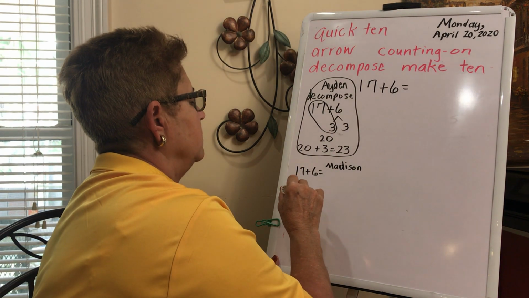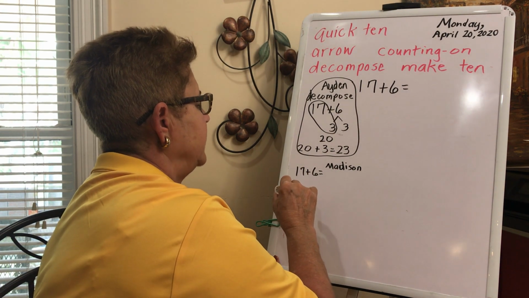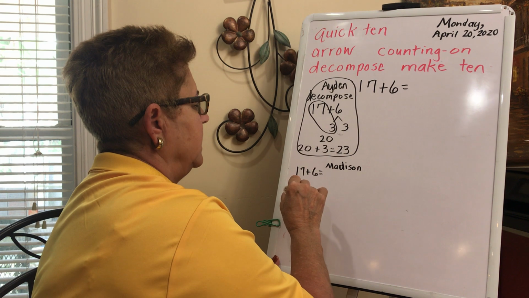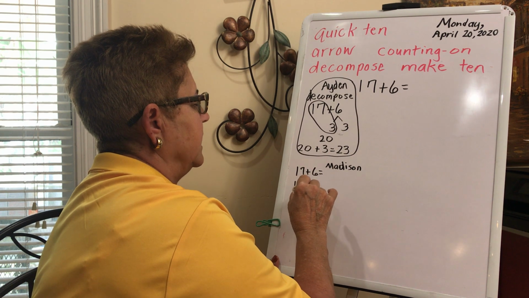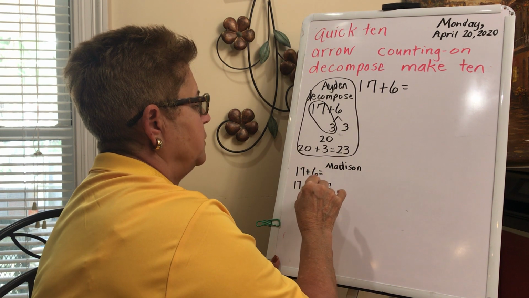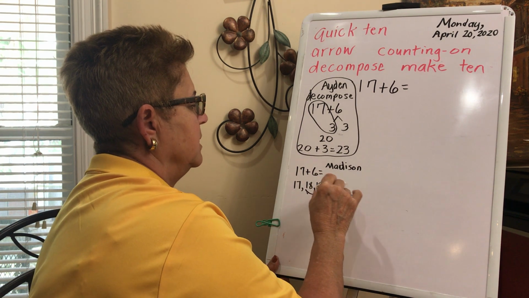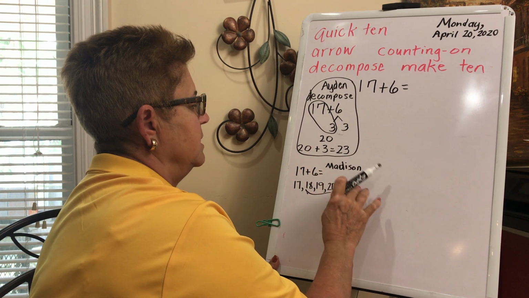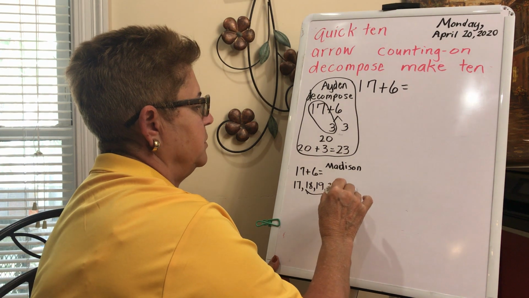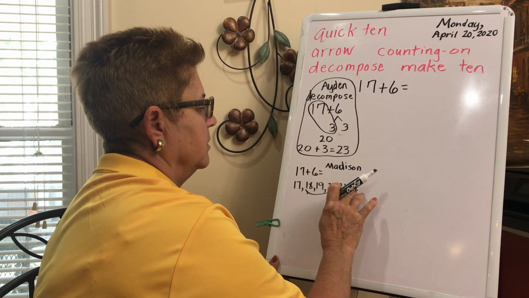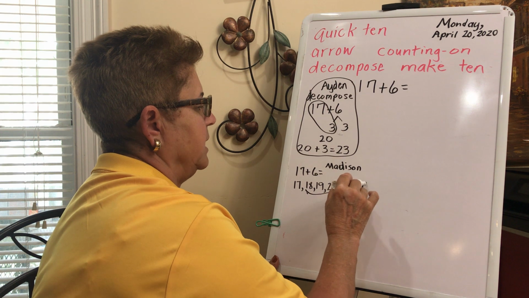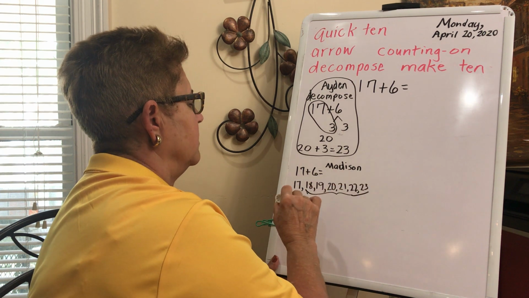So she wrote 17, and then she did 18, 19, 20. And remember, she's got to do it 6 times. 21, 22, 23. So Madison did the counting on way.